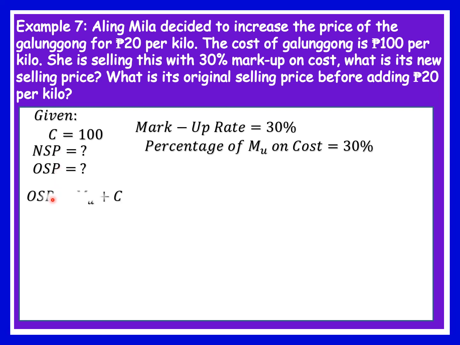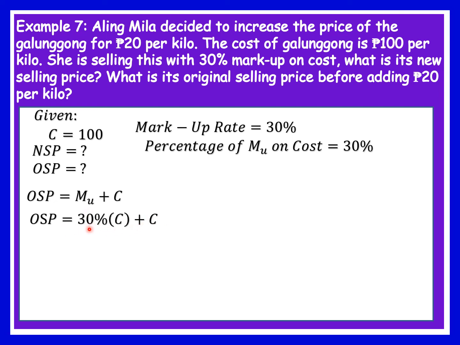Okay, so let us find the original selling price. That is OSP equals M sub U plus C. Again, this is the selling price before adding 20 pesos. So there's a 30% markup. So that will be 30% of the cost plus the cost.